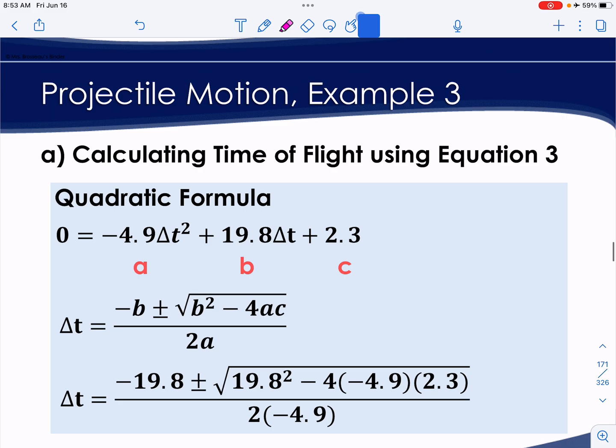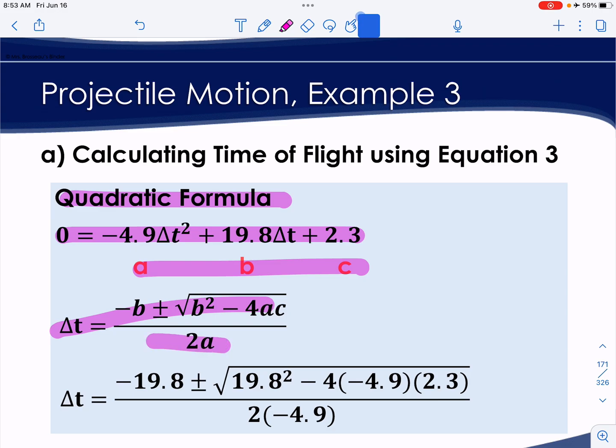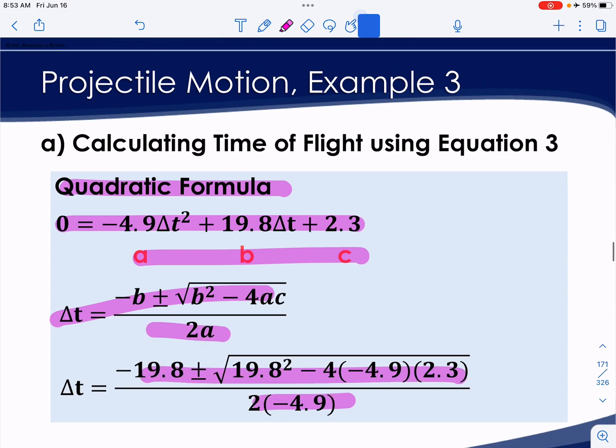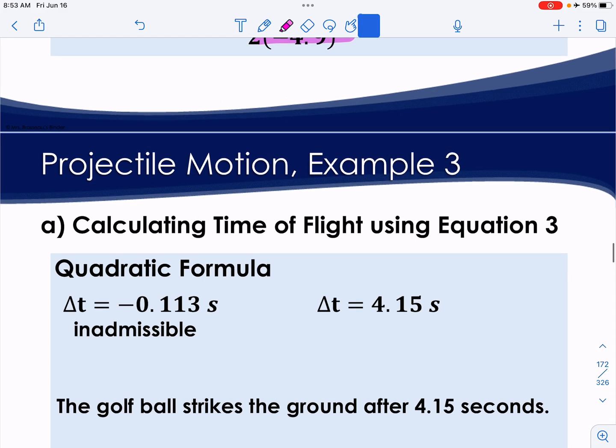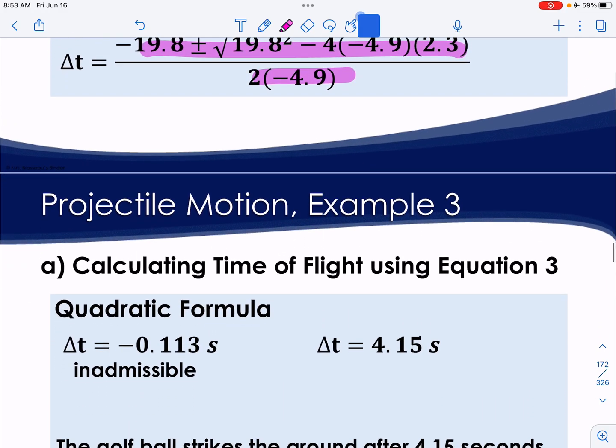We plug them in, and when you solve that, you get delta T is either equal to negative 0.113 or 4.15.